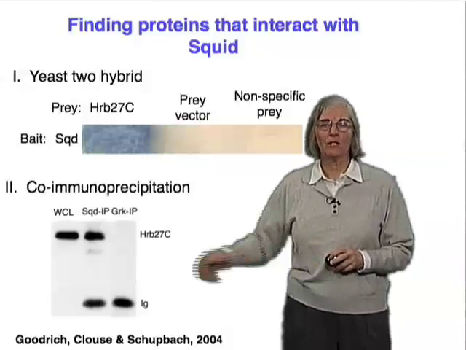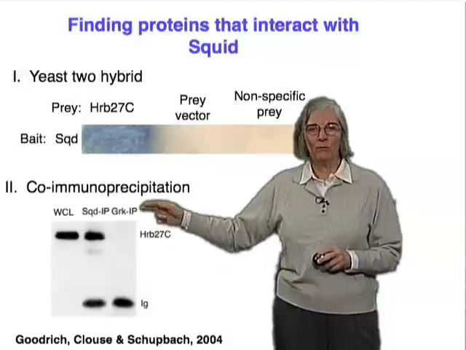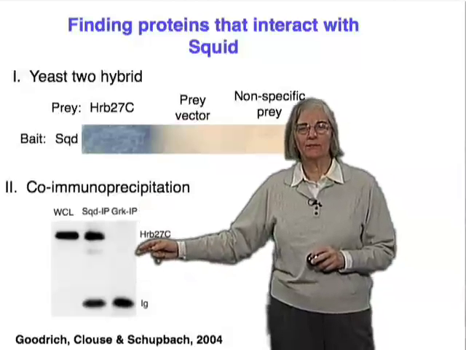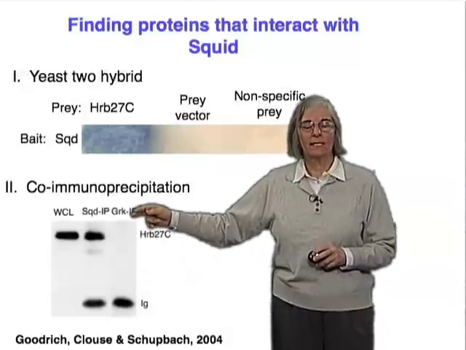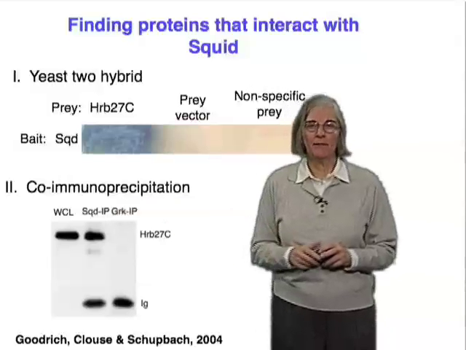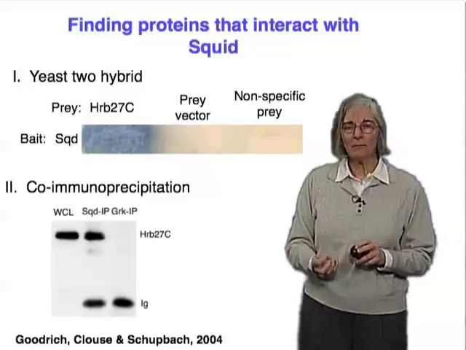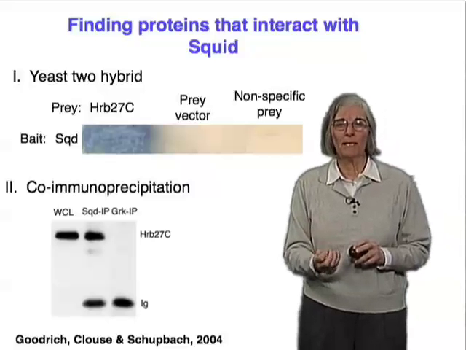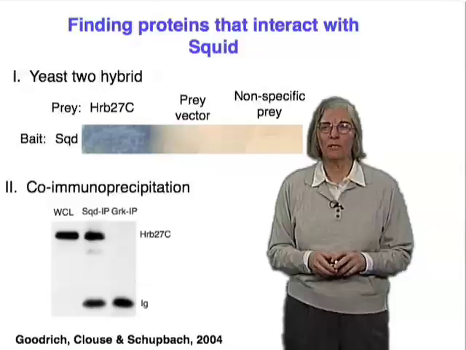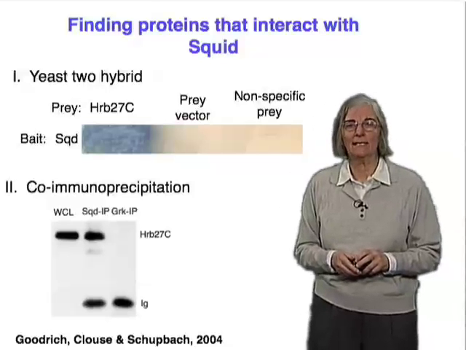Squid. They also verified this by doing more directed physical interaction tests, for instance, using IP methods to immunoprecipitate the complex with the help of Squid, and then testing whether HRB27C could also be seen in this complex.